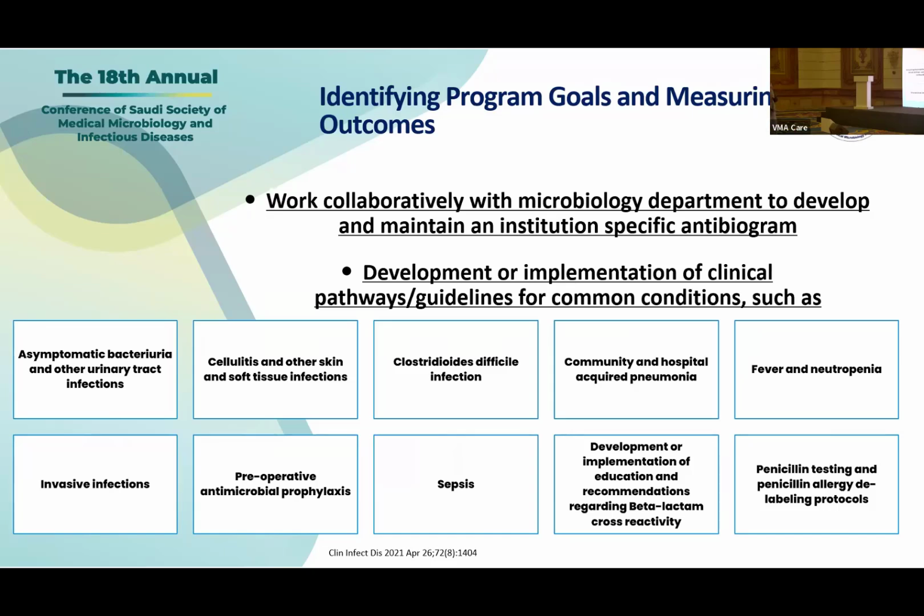The most common infections we do see, community and hospital-acquired pneumonia. And specifically for hospital-acquired pneumonia, you want to give them an insight on your antibiogram. You want to show them, why are we choosing this over this? Because we have high resistance, for example, from one of the anti-pseudomonal agents. So it's very important.